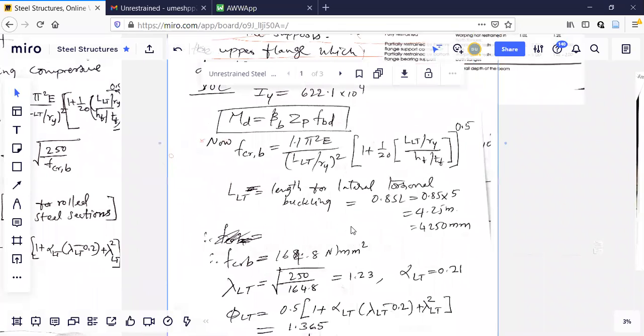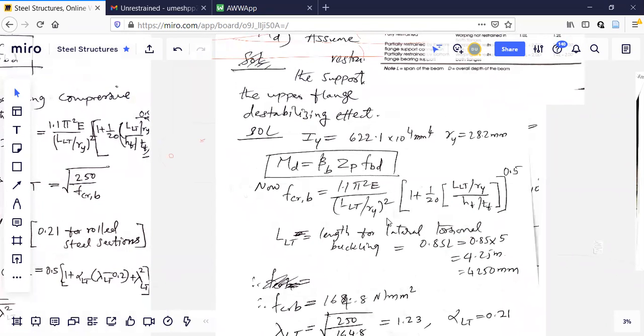Now 1.5 pi square E by L_LT. What is this L_LT, which was not mentioned earlier? It is length for lateral torsional buckling. Whatever span is given, 5 meter, it was a 5 meter span in that problem. I'm going to use 0.85 times that because of that table. I'll show you that one.